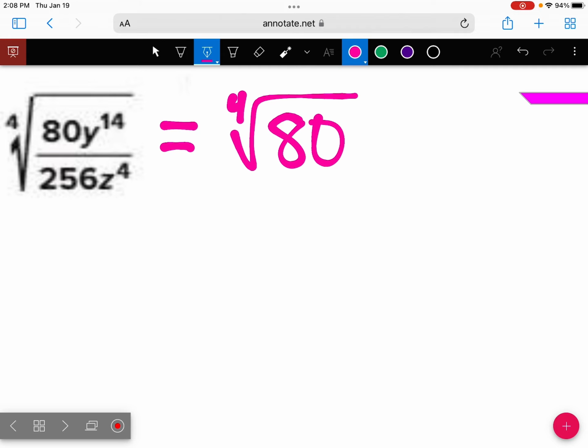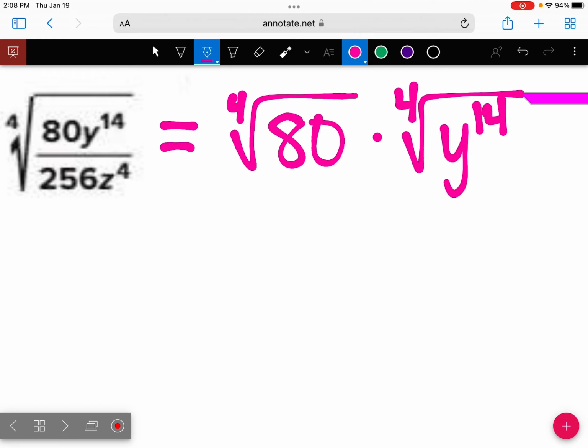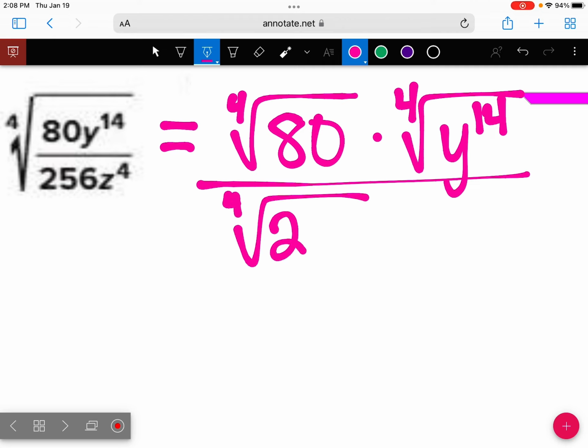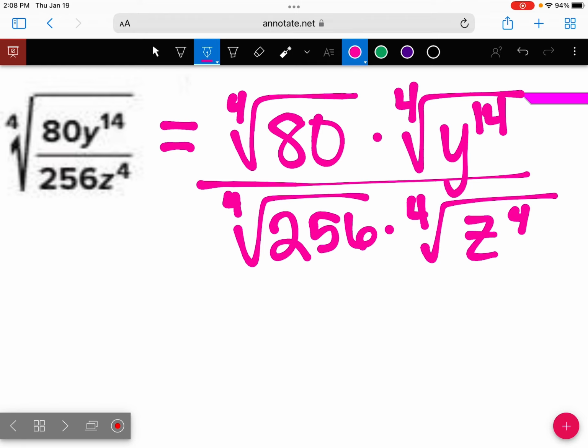So we're going to separate it in 4 different ways. We're going to have the 4th root of 80 times the 4th root of y to the 14th, all over, keep that division bar where it is, the 4th root of 256 times the 4th root of z to the 4th.